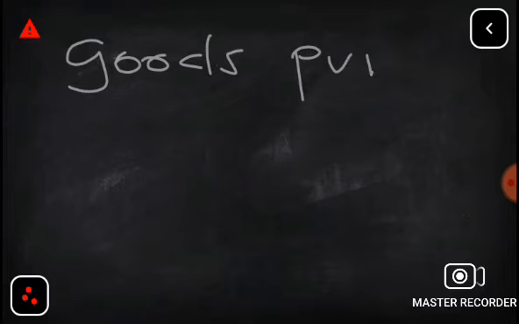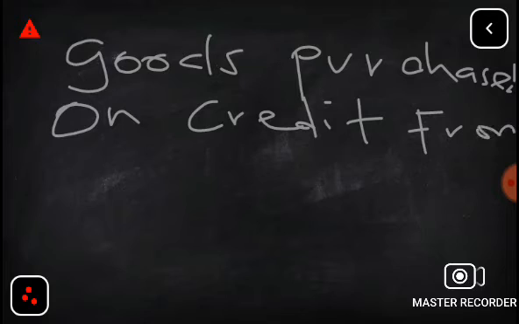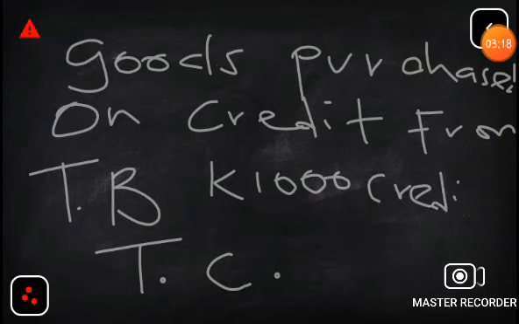Let's say goods purchased on credit from TB worth, let's say, 1,000, have been credited to TC's account. Okay, they've been credited to the other person's account.